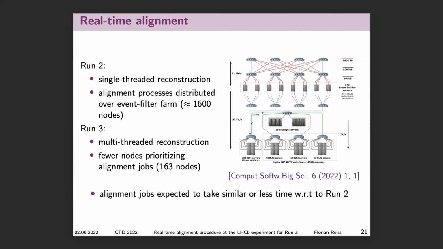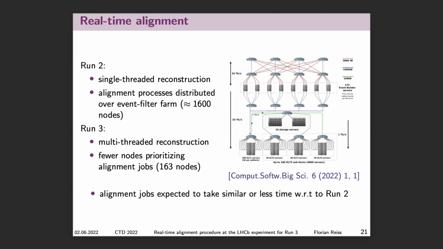You might ask where this number comes from, and it is actually related to the number of event builder servers where our GPUs are also placed, if you remember the previous talks. This number is still changing. Some time ago it was 173, now it's 163.